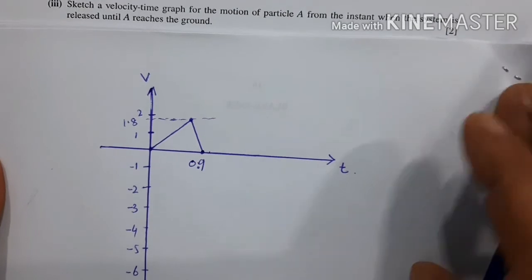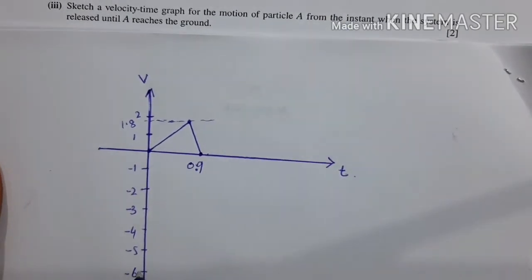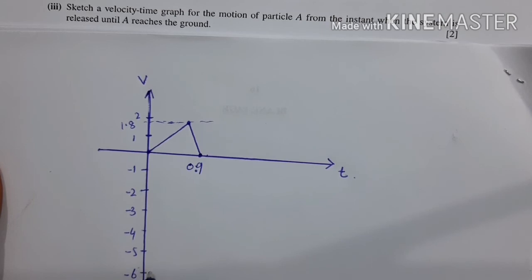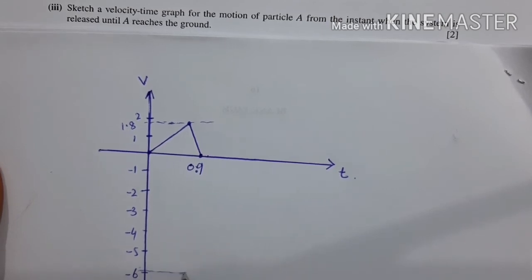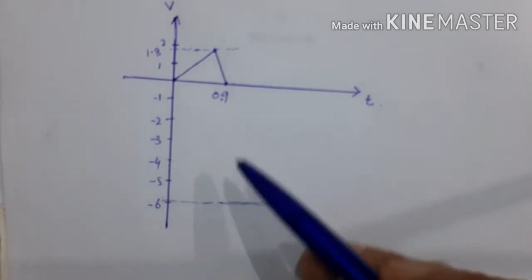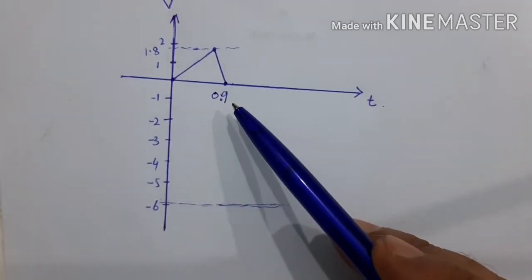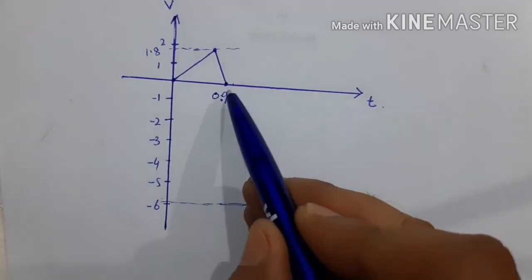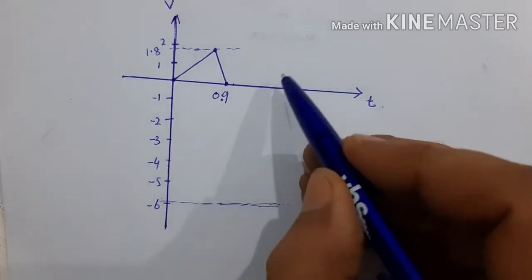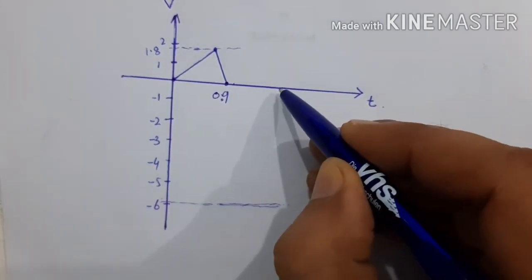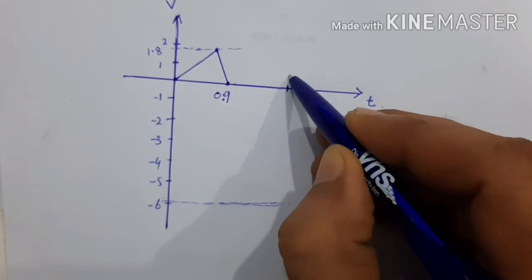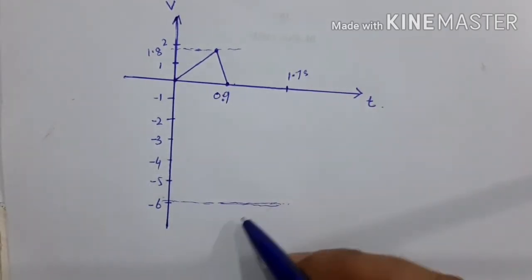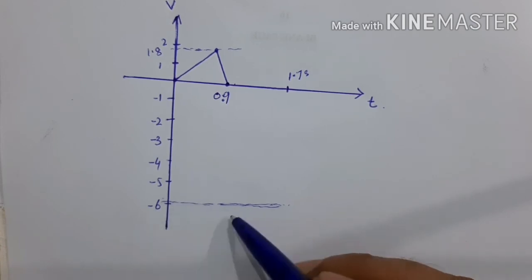So this is 5.97 almost, and the particle took 0.78 seconds to reach the ground. So we'll add 0.78, it will be almost 1.7. Yeah, 1.7, and the particle's velocity was 5.97.